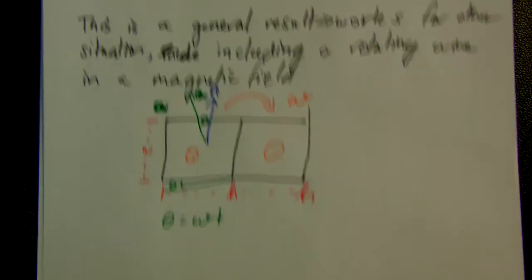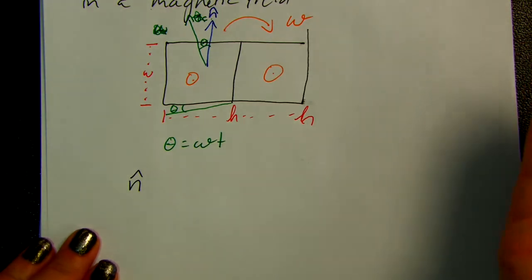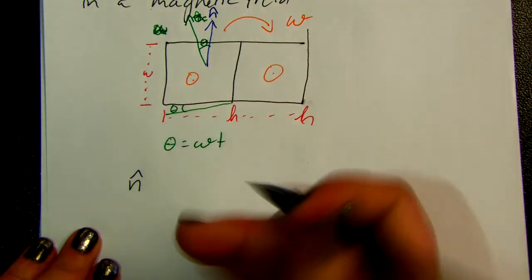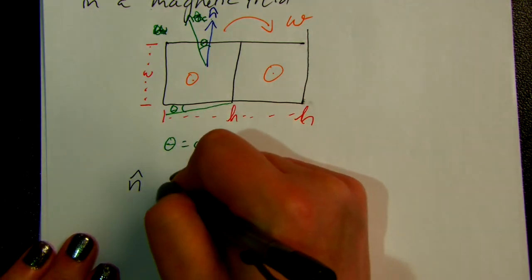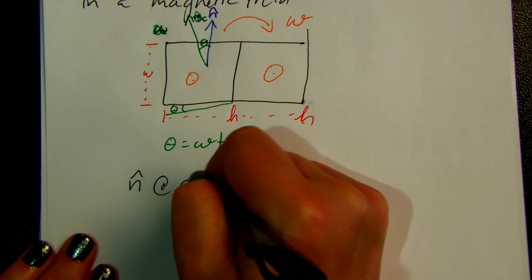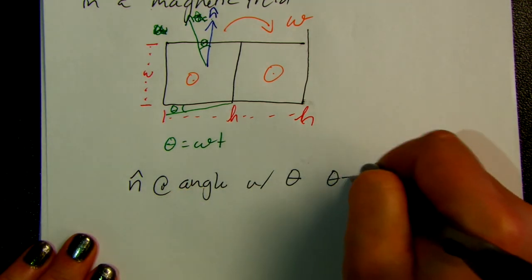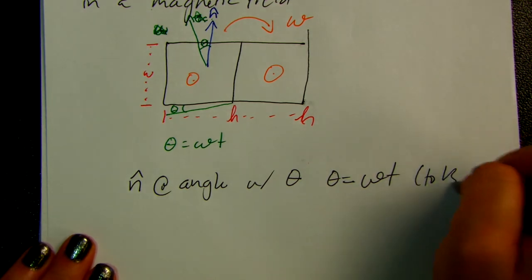Okay, so I'll write out a few things. And this is also inducing a motional EMF. So you're moving through a magnetic field, inducing an EMF. So n hat is at an angle theta, where theta is equal to omega t, to the B field.